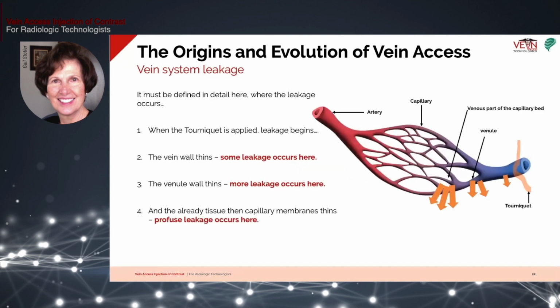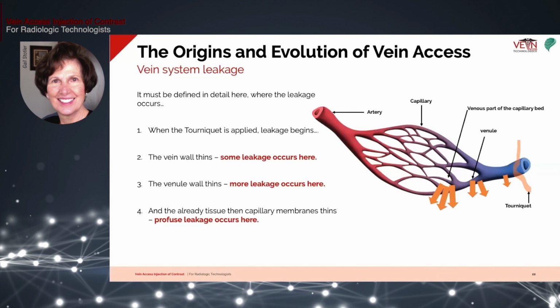So looking at what everybody recognizes, this little diagram, we have a vein, which is a certain wall thickness. And again, vein wall thickness varies throughout the body. We're going to talk about that a little bit later. Then it goes down and becomes a venule, a little vein. And then we get to the membrane part, the venous part of the capillary membrane.